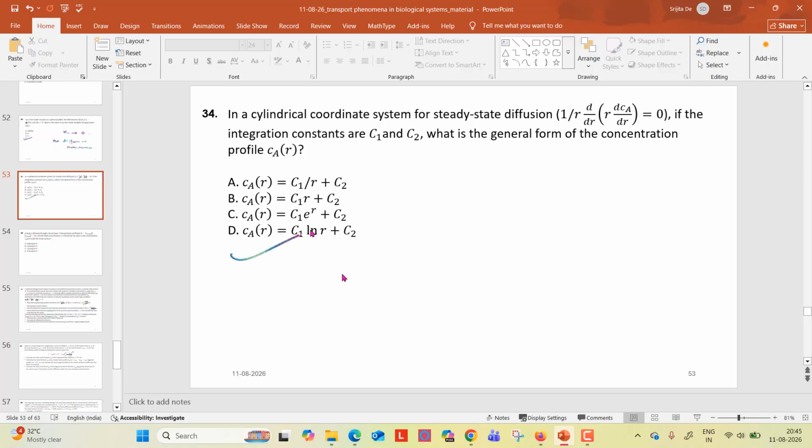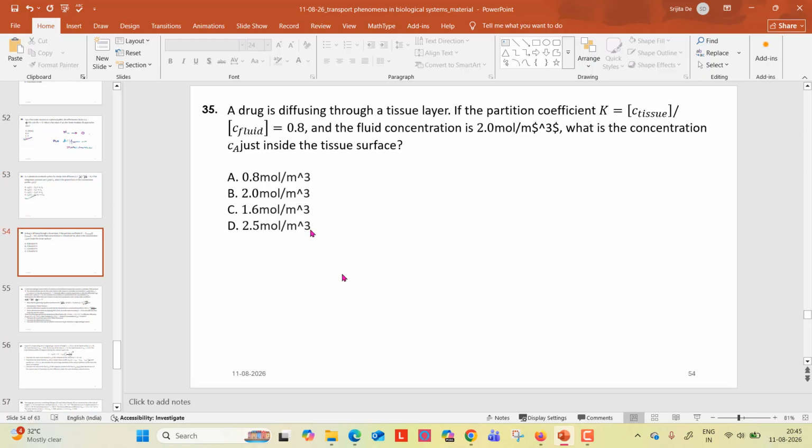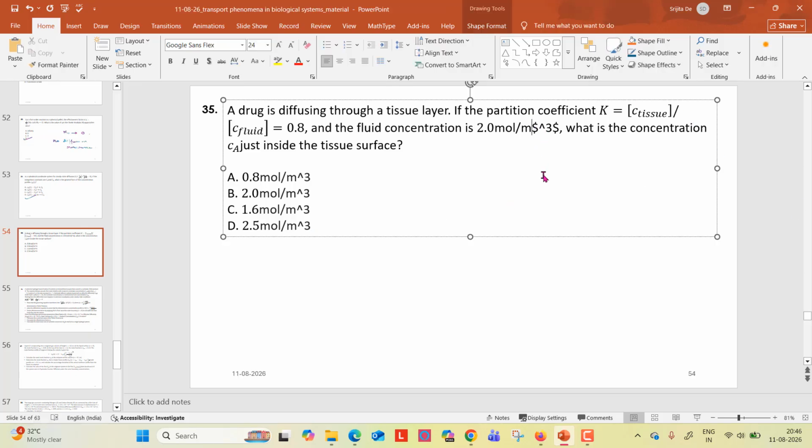Next. A drug is diffusing through a tissue layer. If the partition coefficient K, which is C tissue by C fluid, is 0.8 and the fluid concentration is 2 mole per meter cube, what is the concentration Ca just inside the tissue?